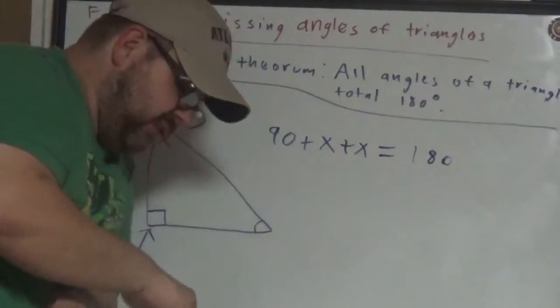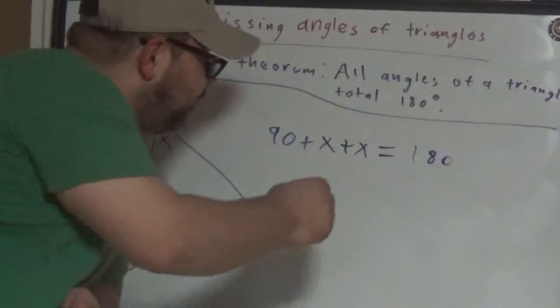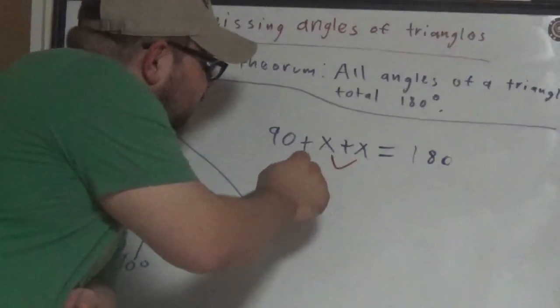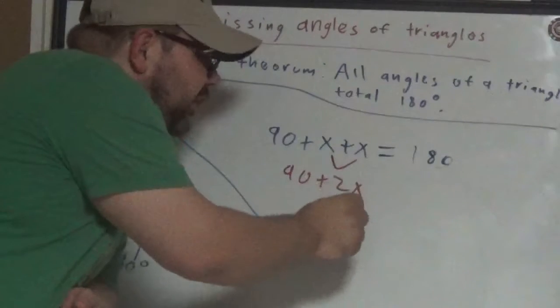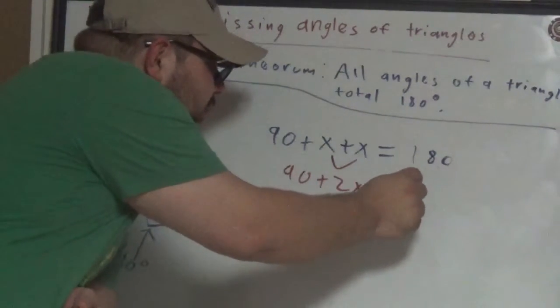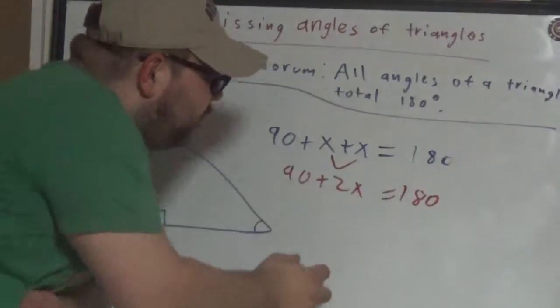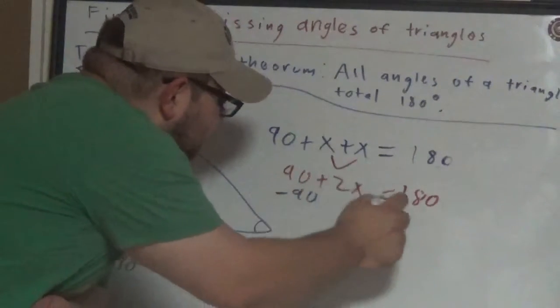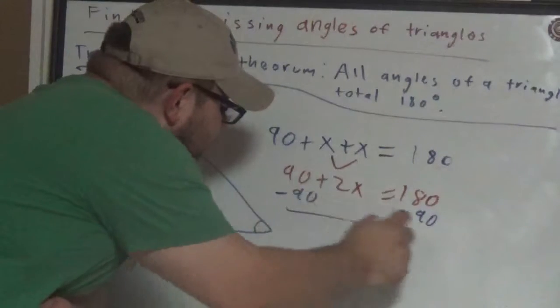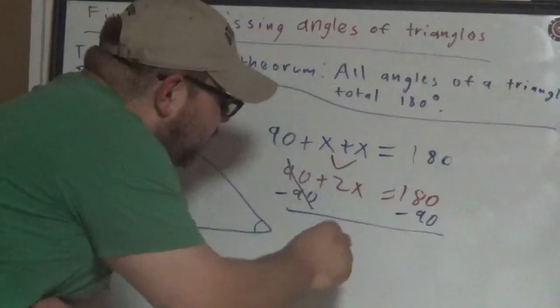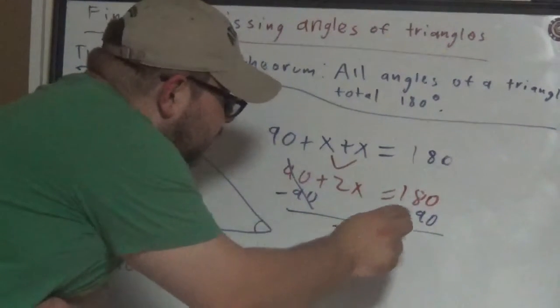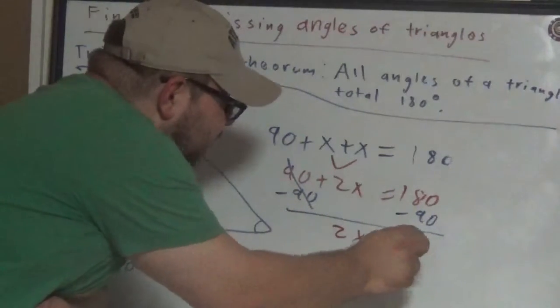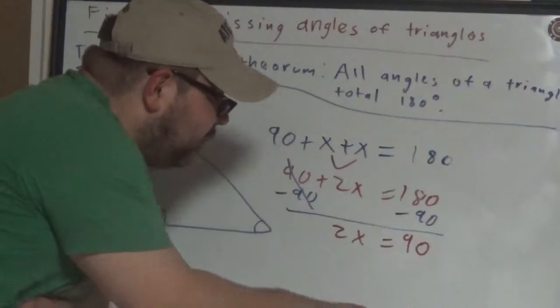I'm going to work through this one a little quicker. Combine our like terms, give you 2x. Minus 90 on each side. Bring down 2x. 180 minus 90 is 90.